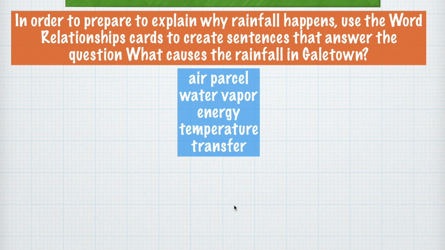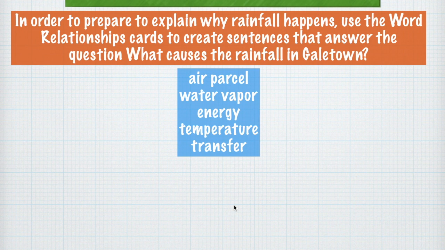I want you to spend some time with word relationships. After you're done with this, you're going to copy your sentences over into the Google Docs along with pictures of the pages you're completing in your workbook. I want you to create sentences that explain why rainfall happens, using the words below. Air parcel, which is a portion of air that's traveling together. Water vapor, which is water in the gas phase. Energy, the ability to make things change or move.